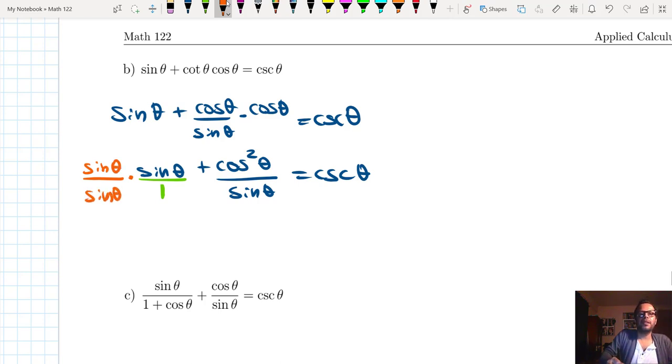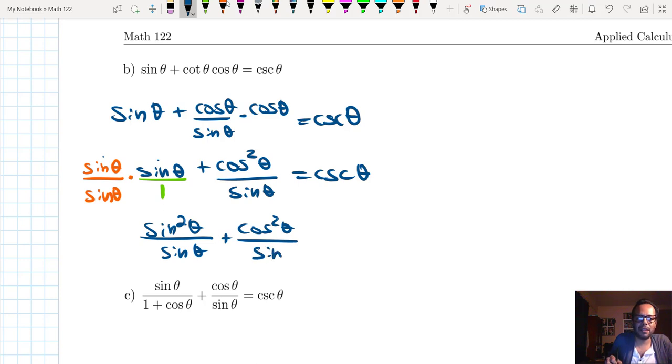Okay, and what are we going to get? Sine times sine, we get sine squared theta divided by sine theta, plus cosine squared theta divided by sine theta. Just keep writing the right-hand side, cosecant theta.